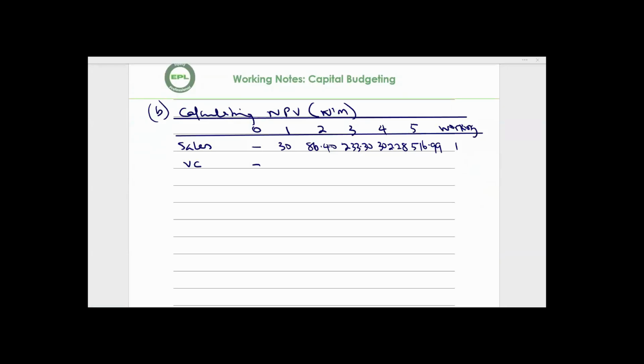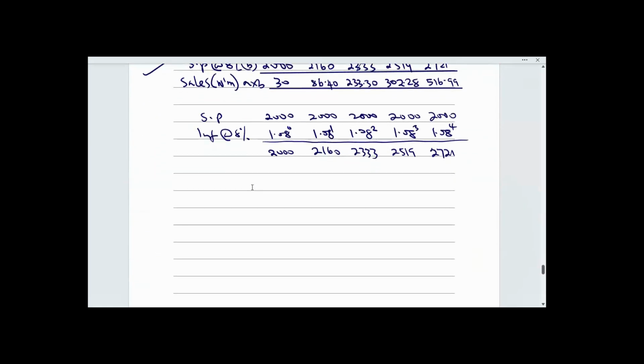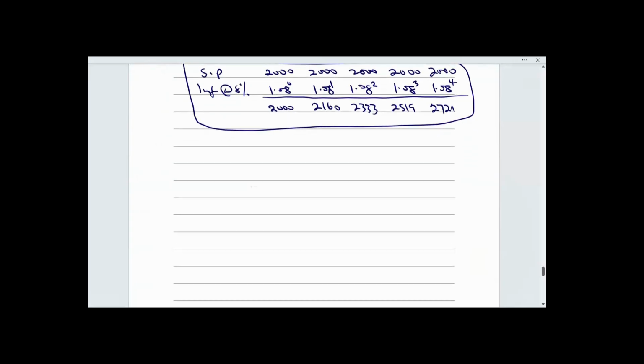So I will now go and calculate variable cost. This is not part of our working; I just use this one to demonstrate. All right, so working number 2, variable cost at inflation rate of 5%.